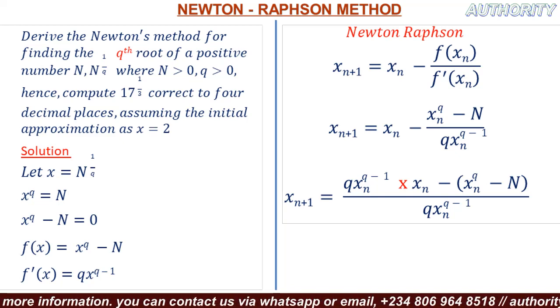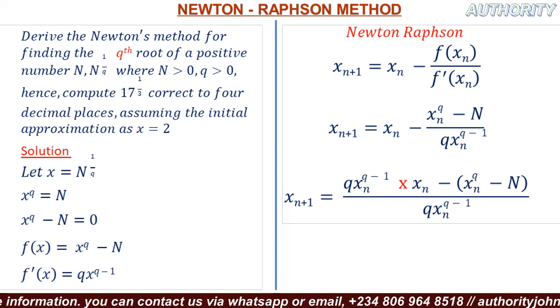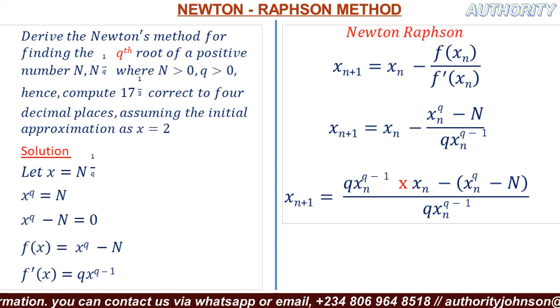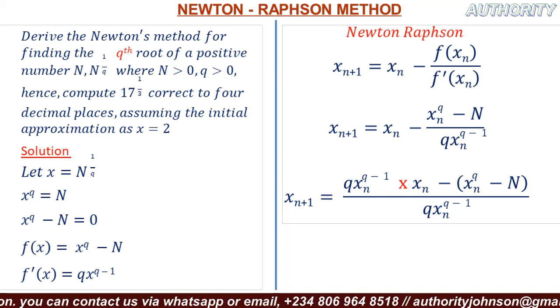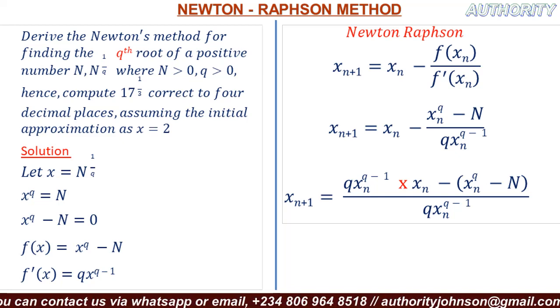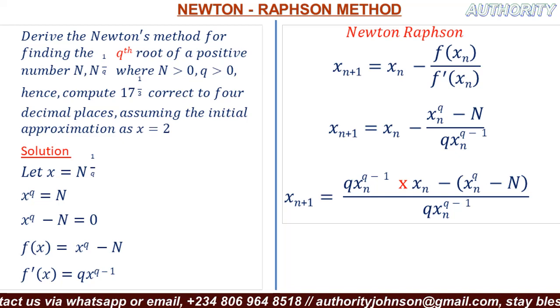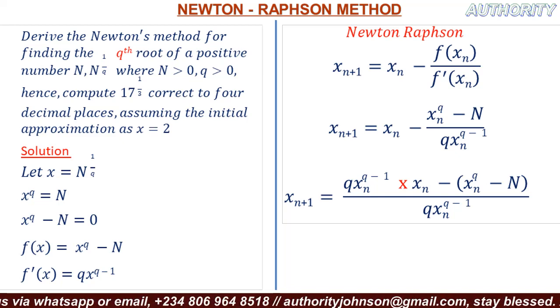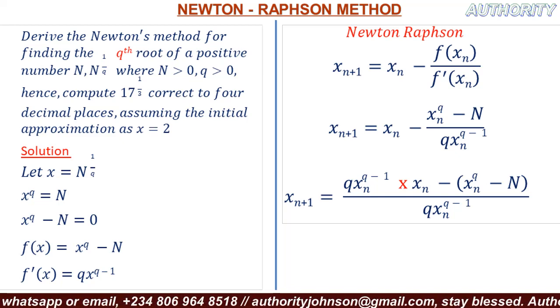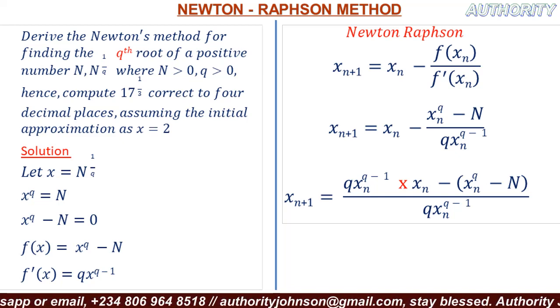Now let's simplify the numerator. Here we have xn raised to the power of q minus 1 multiplied by xn.